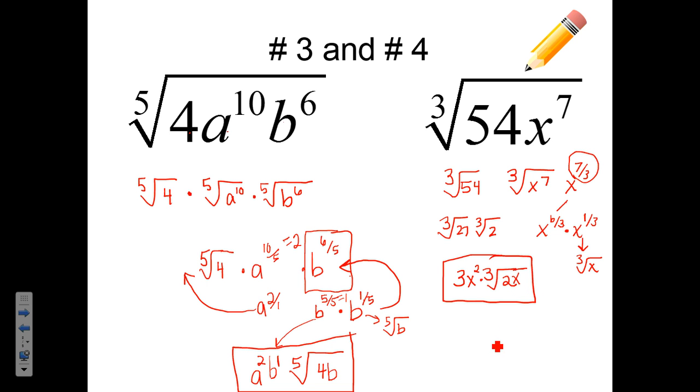Now I know these seem to be a little bit complicated, but if you know how to go from radical to rational, that will help you. If you know your exponent rules, that will help you. And if you have your yellow roots chart in front of you, that will also help you.